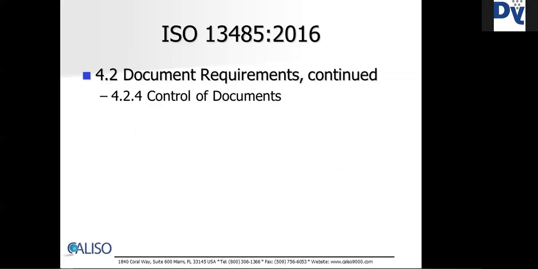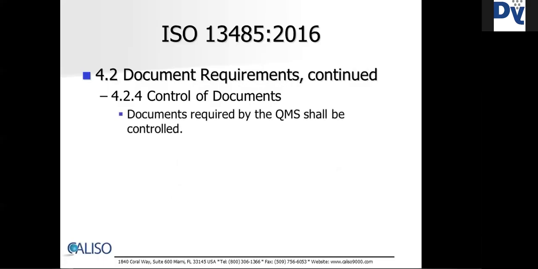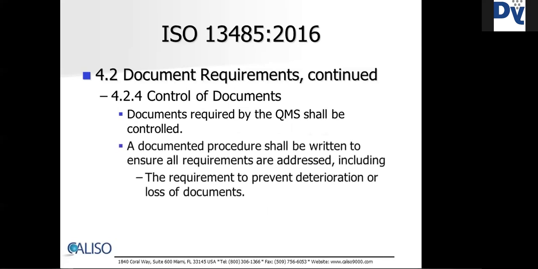Control of documents. Documents required by the quality management system shall be controlled. A documented procedure shall be written to ensure that all requirements are addressed, including the requirement to prevent deterioration or loss of documents. In other words, it's not acceptable to keep your documents or records in a cardboard banker box.